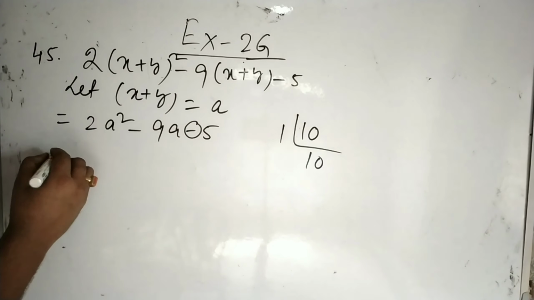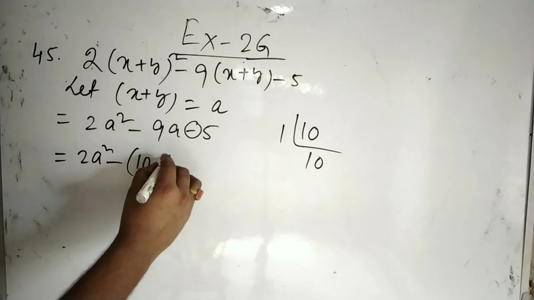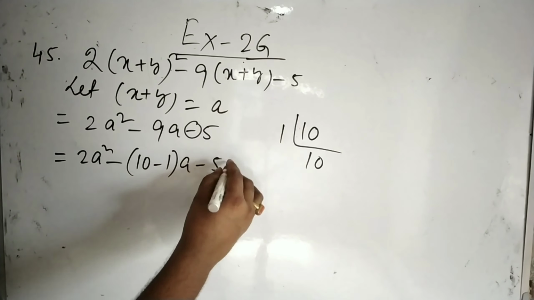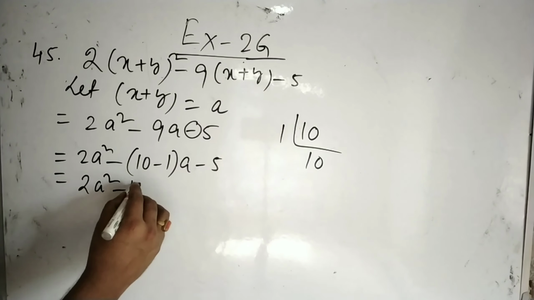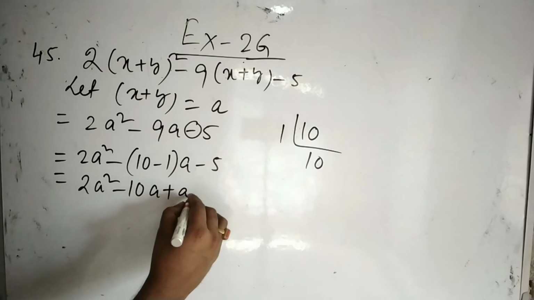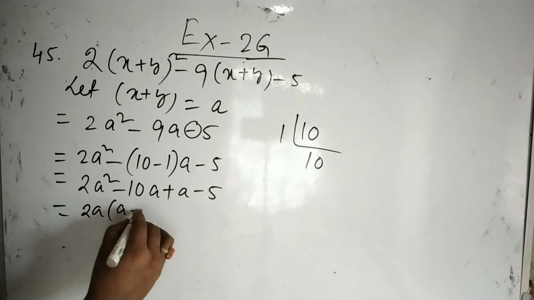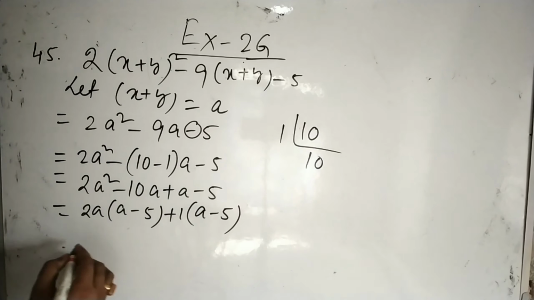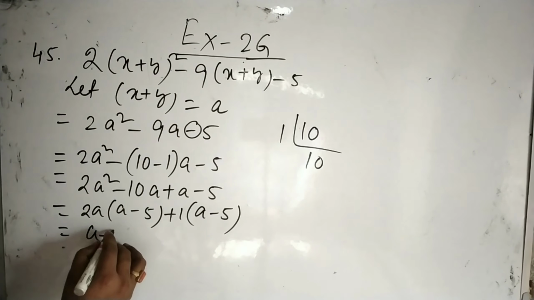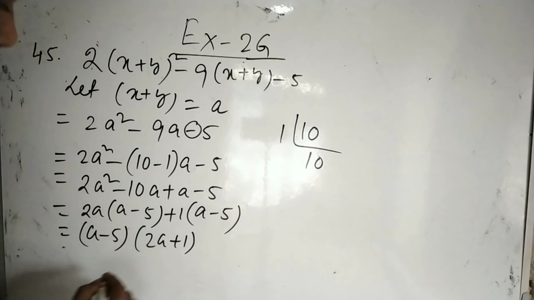Okay, so we can write 2a square minus 10 minus 1 into a minus 5 equal to 2a square minus 10a plus a minus 5. Take 2a common, a minus 5. Take plus 1 common, a minus 5. So it will be a minus 5 into 2a plus 1.